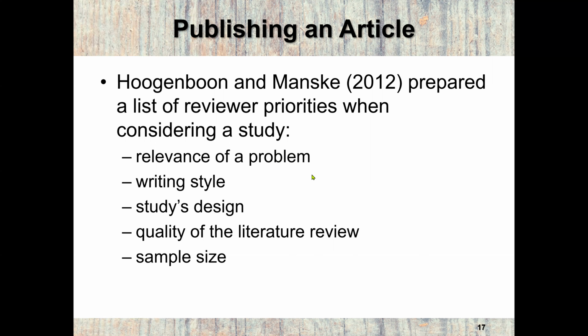Is this study an old study or a repetition of something that has already been done? Then there's no need to publish it. So the relevance of a problem is very important. If it's a new problem and the problem is relevant, then that's the very first thing we could consider.